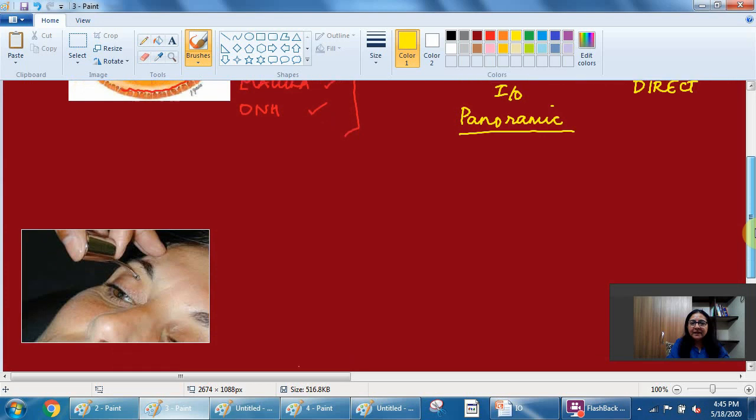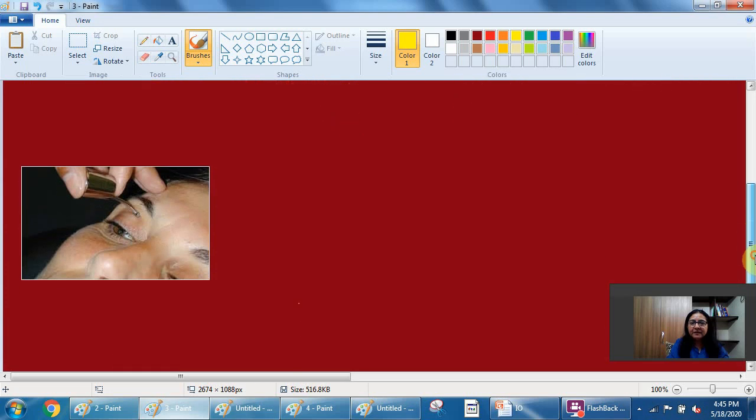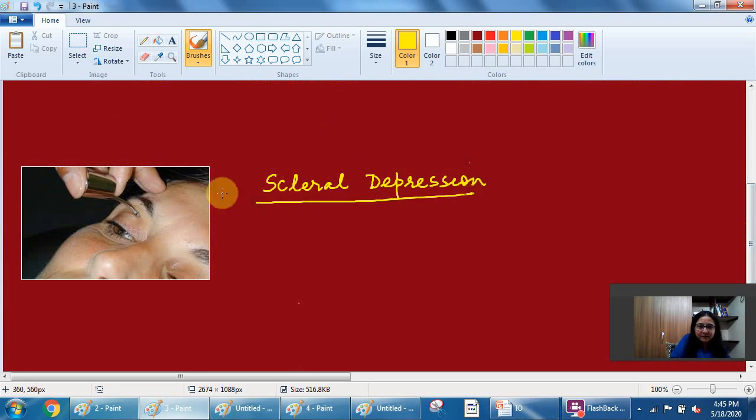Then there is another technique which is used with the indirect ophthalmoscope. You must know the name of the technique, which is called scleral depression. What we mean by scleral depression is that we use a small instrument called a depressor to compress the globe a little bit.